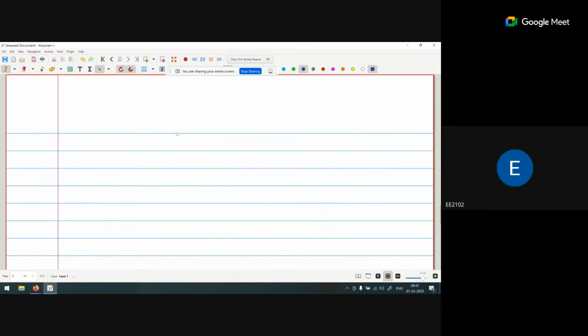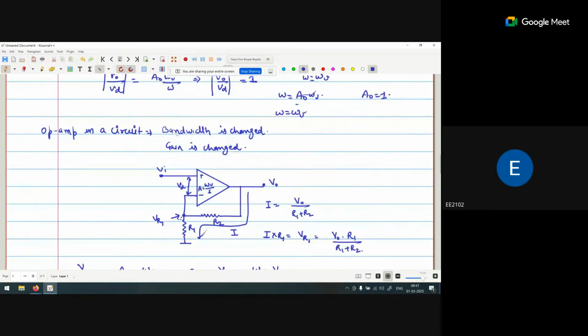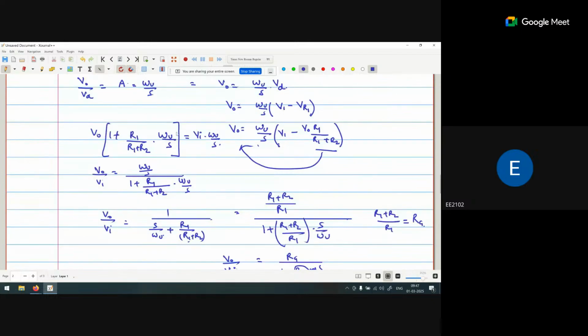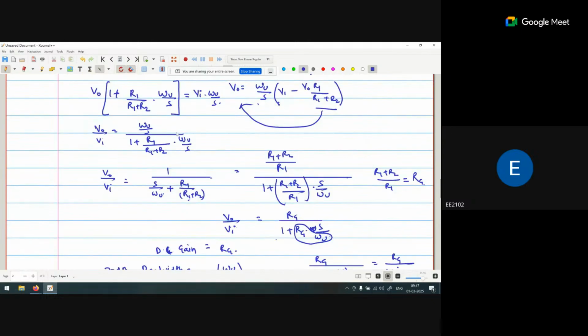Along with that, if we go with the magnitude curve, we can draw the magnitude part.